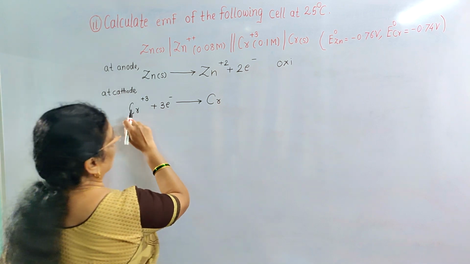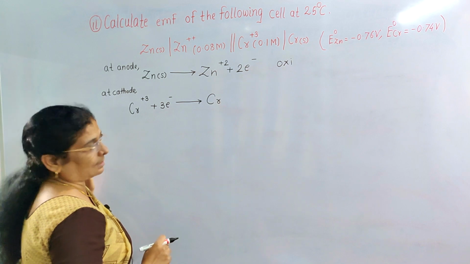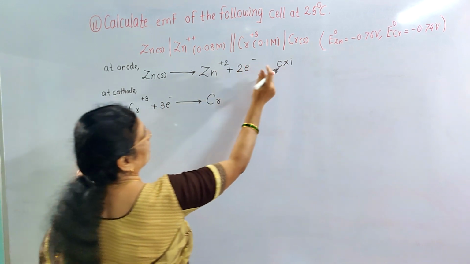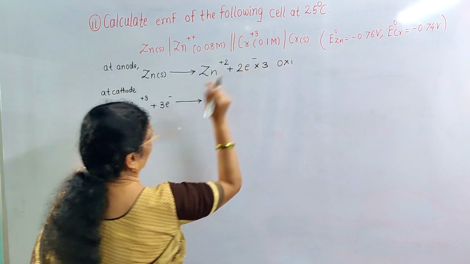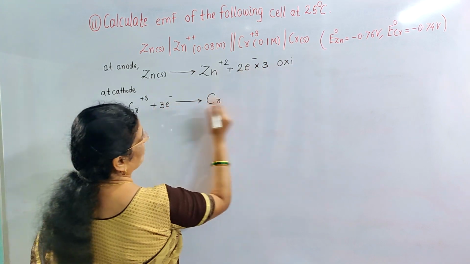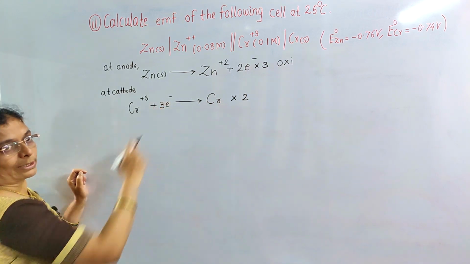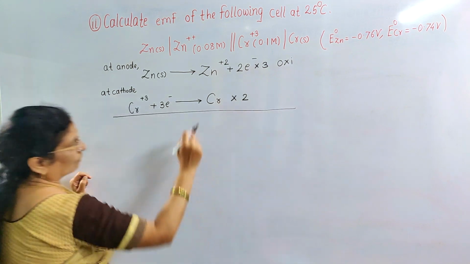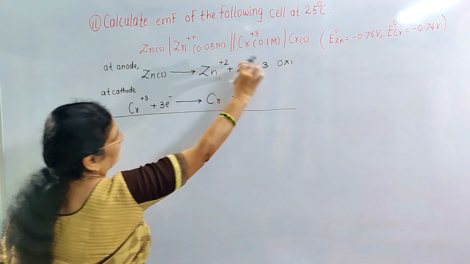Now when you write the net cell reaction, the number of electrons must be balanced. For balancing, you multiply the anode equation by 3, so there will be 6 electrons, and you multiply the cathode equation by 2. The 6 electrons will be cancelled. So what will be the net cell reaction? When you multiply by 3, you multiply the whole terms by 3.